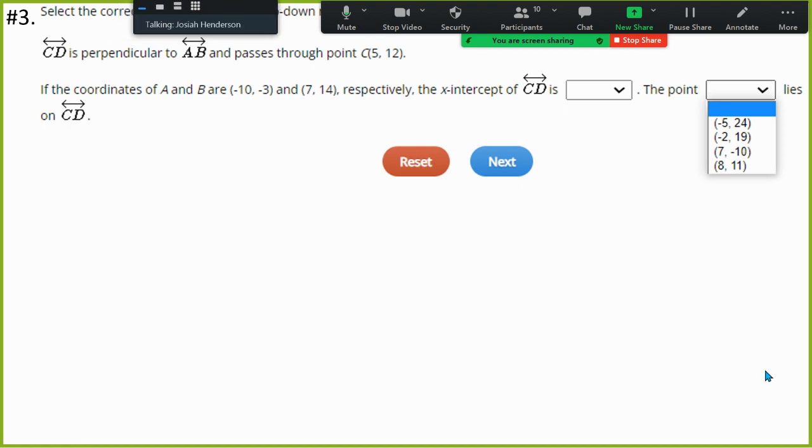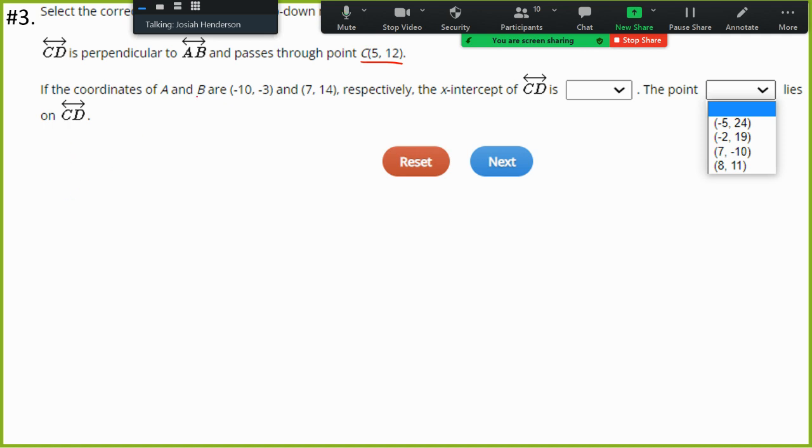Okay, this is one of those two-parters where they ask us to do 2 different boxes. CD is perpendicular to AB and passes through this point, 5, 12, point C. So we already know that we've got perpendicular lines this time, and we know one of the points on CD, 5, 12.